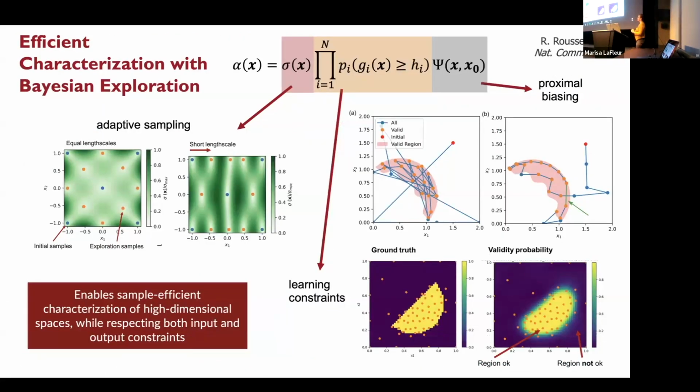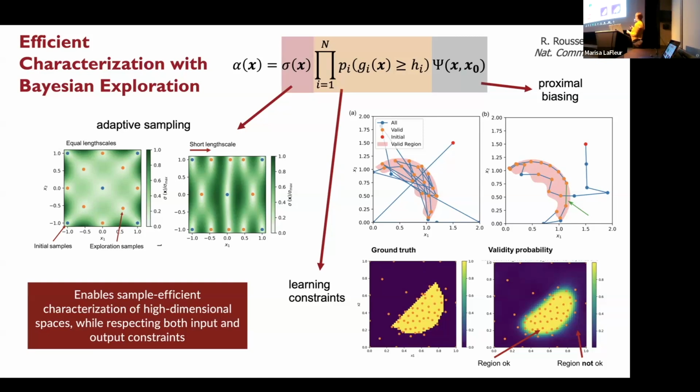Another related aspect is, so we know we need to update the accelerator model, but how exactly are we going to do that? We don't have time to actually re-record a bunch of data from the accelerator. And so if we have methods to efficiently sample the parameter space to maximize the information gain per sample, and also constrain the output to only the useful regions of the parameter space, that will help this tremendously.